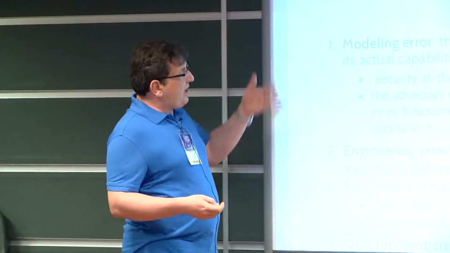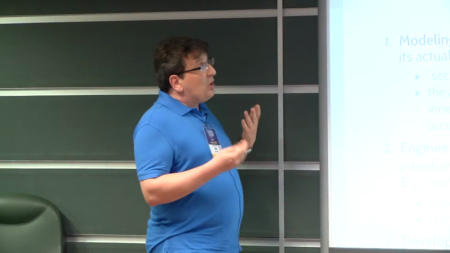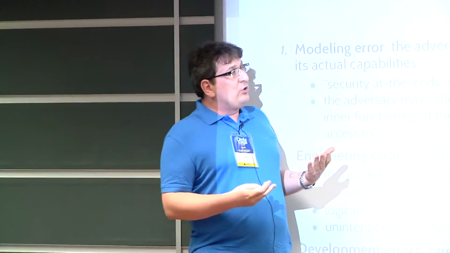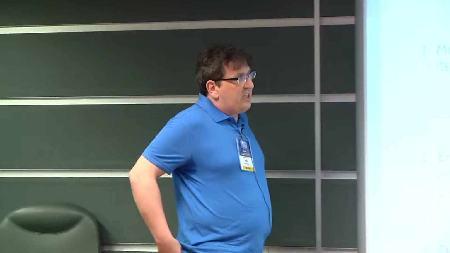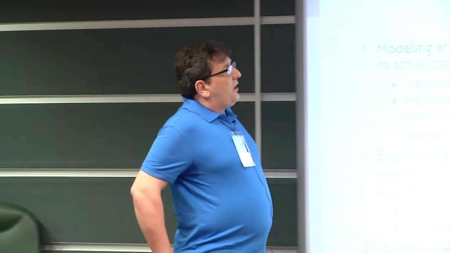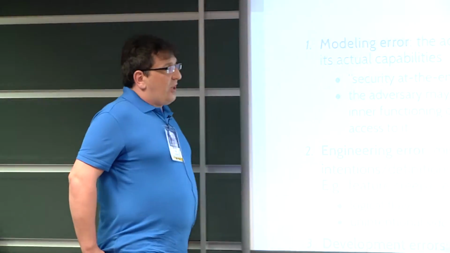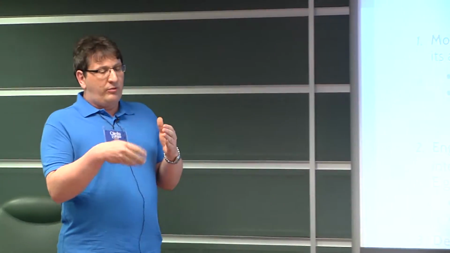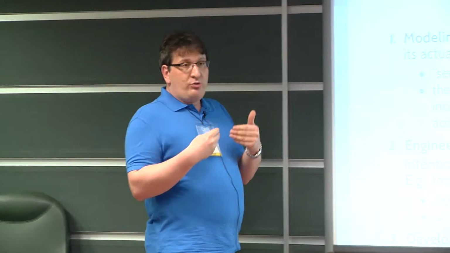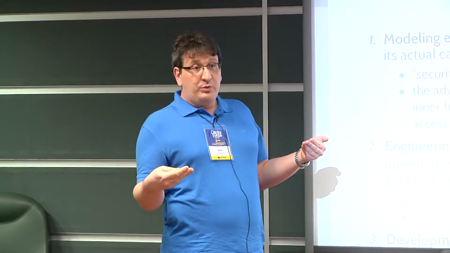What could undermine the design? We can have errors in every phase. A modeling error means that the adversary model that we devise may not be fit to represent the actual capability of the adversary. For example, the adversary, when observing the use of a cryptographic primitive, obviously knows the inputs and the outputs.